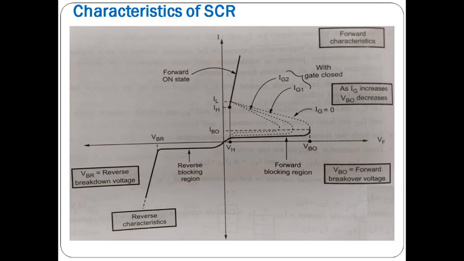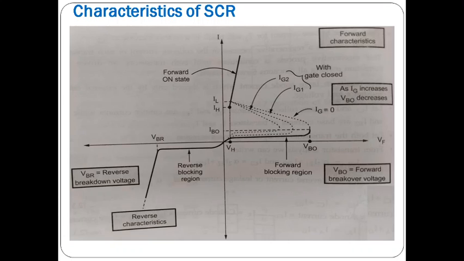You can observe the voltage increases in the forward blocking state up to VBO. When it reaches VBO, a sudden high current passes in the SCR, even with IG equals 0. The dotted line indicates the region after breakdown.